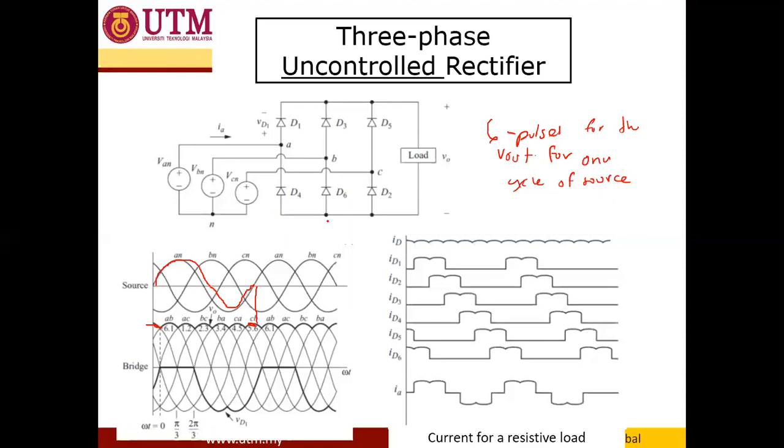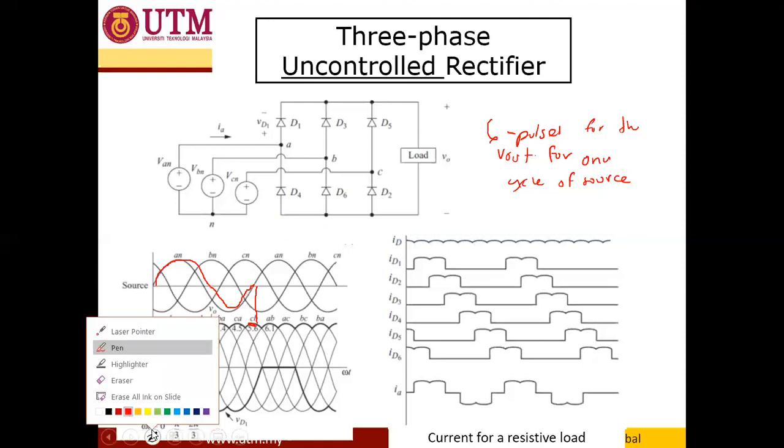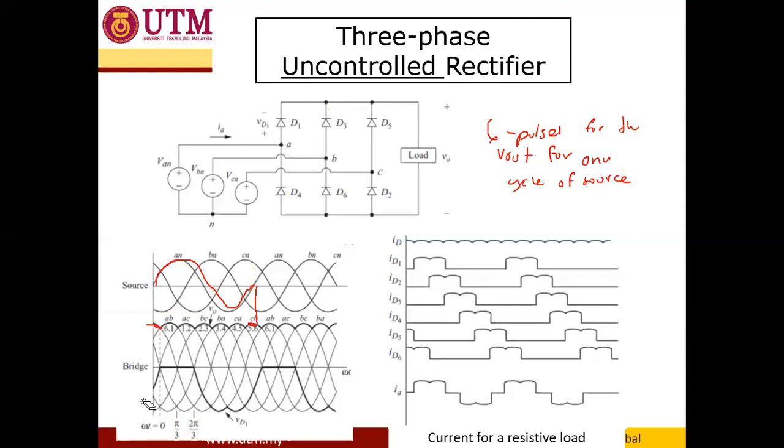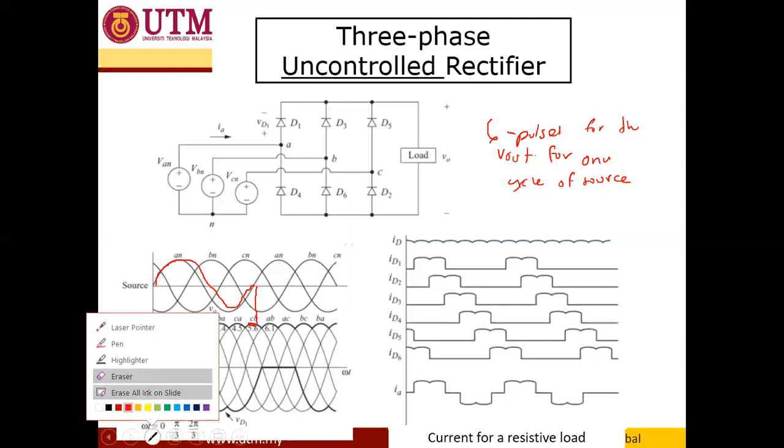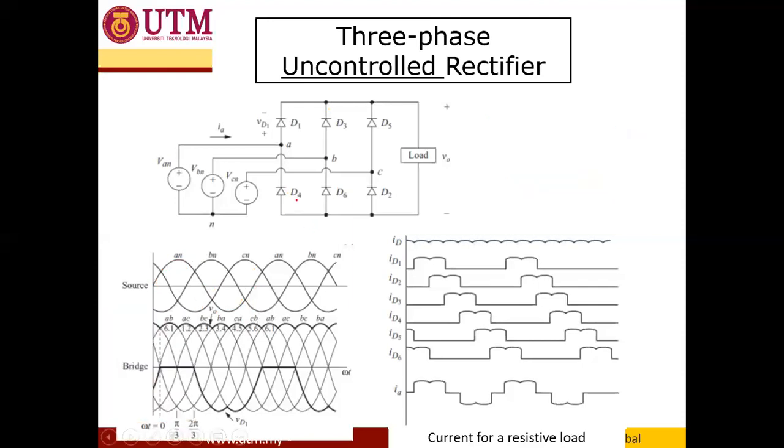So how do we know which diode will turn on and which diode will turn off? It actually depends on the circuit condition, whether the diode is forward biased or reverse biased. The concept is the same as the single-phase diode, where the diode will turn on when the anode is more positive compared to the cathode.